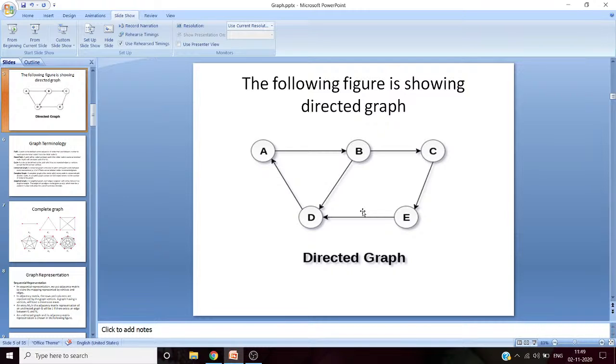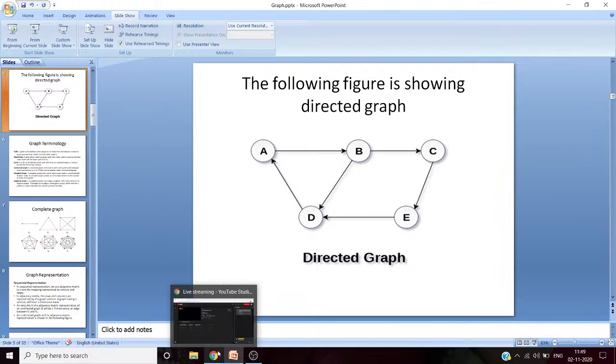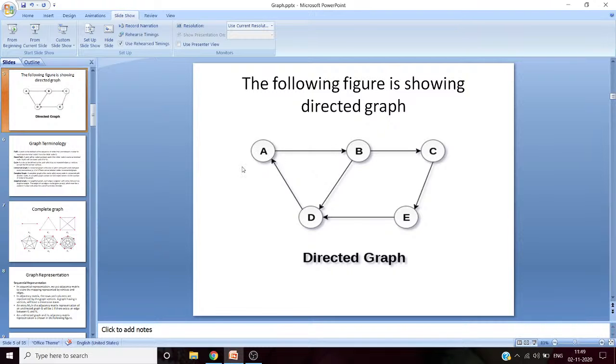If it is undirected, there is no need to worry about traversing, because we can traverse anywhere we want. But if it is directed, then you have to be very careful about where you are going, and any kind of this traversing is called a path.